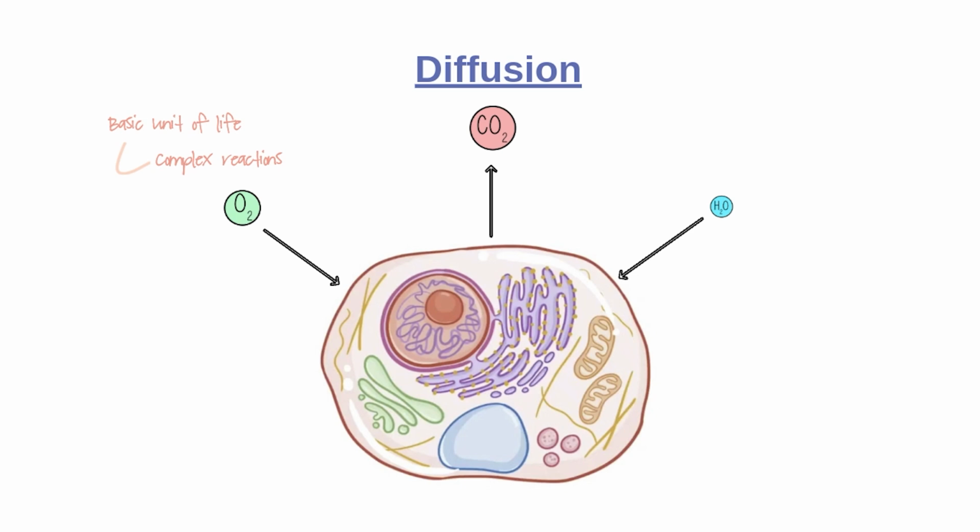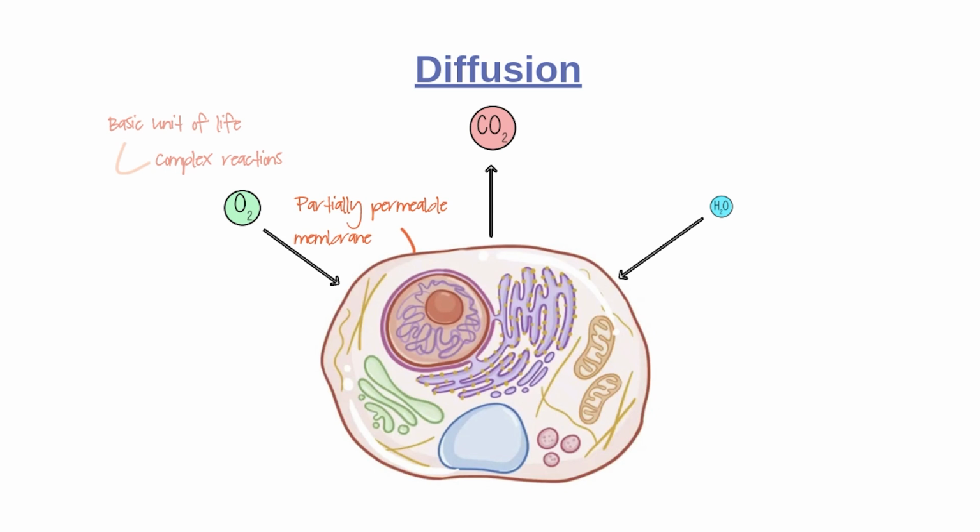In order for them to do that, there has to be some form of exchange between the cells, which are surrounded by a partially permeable membrane, and their external surroundings, which will enable the cell to obtain its raw materials, since they don't inherently have all the substances that they're going to need to carry out their metabolic reactions. And since these cells are carrying out metabolic activities, that also means that they're going to be producing a lot of waste products.